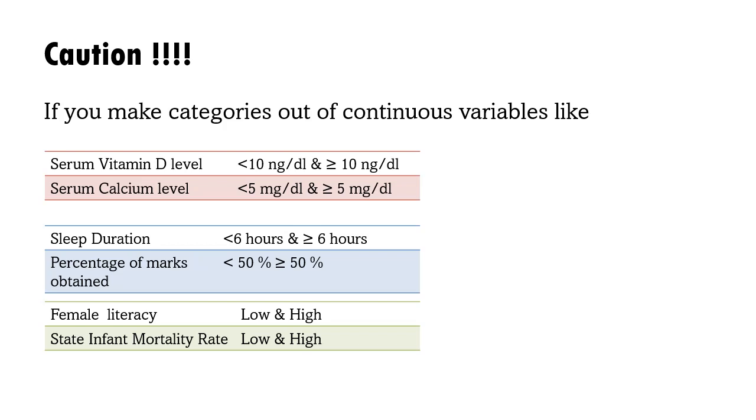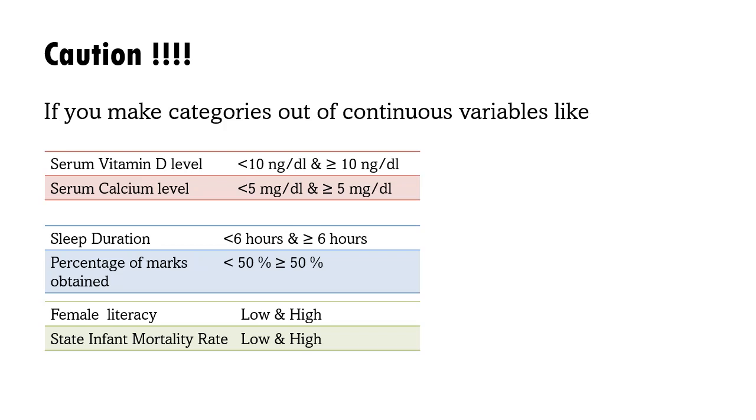Similarly, the serum calcium level, less than 5 milligram per deciliter and more than 5 milligram per deciliter. The second research question was to study the association between the sleep duration and the percentage of marks obtained. But if you are again categorizing this, sleep duration less than 6 hours and more than equal to 6 hours. Similarly, the percentage of marks obtained less than 50% and more than equal to 50%.